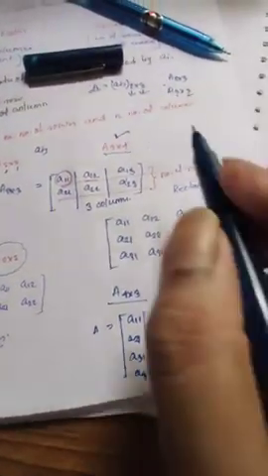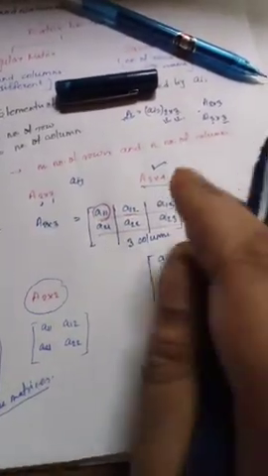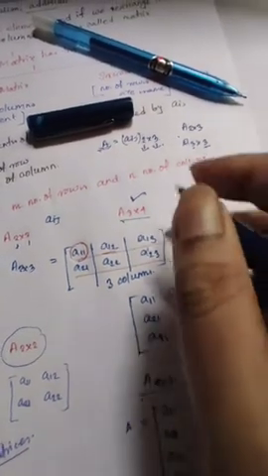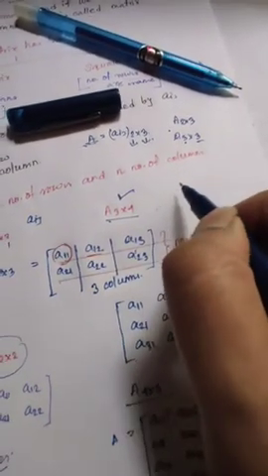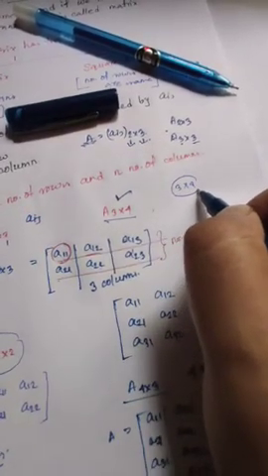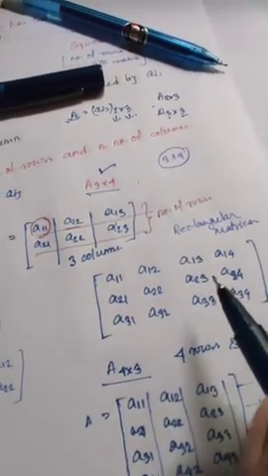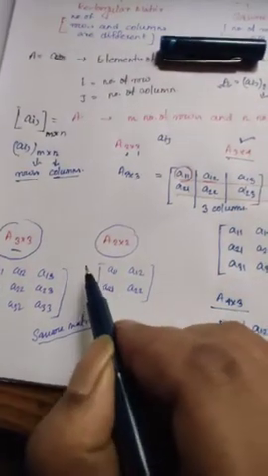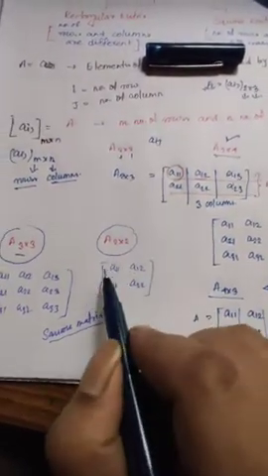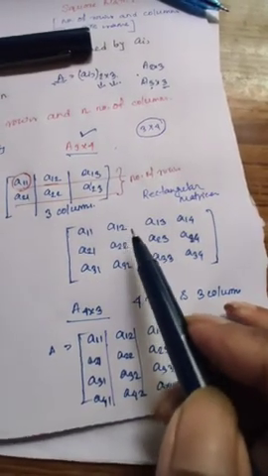Here 3 cross 4 and 2 cross 3 are known as the order of the matrix. When you are asked to construct a matrix whose order is 3 cross 4, it is this type of matrix. This is a square matrix of order 2, and this is a rectangular matrix of order 3 cross 4.